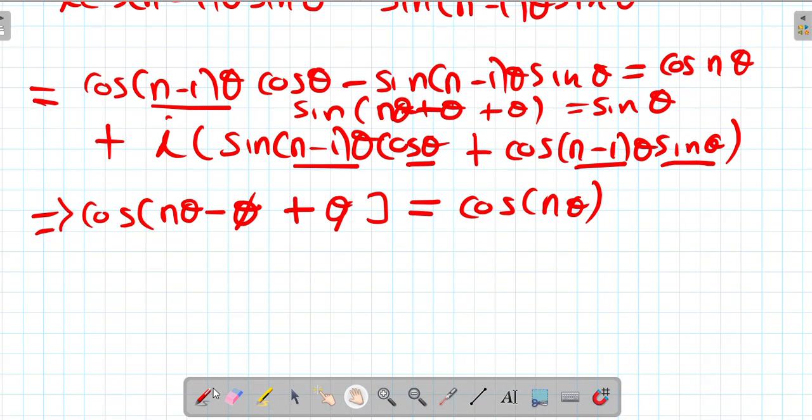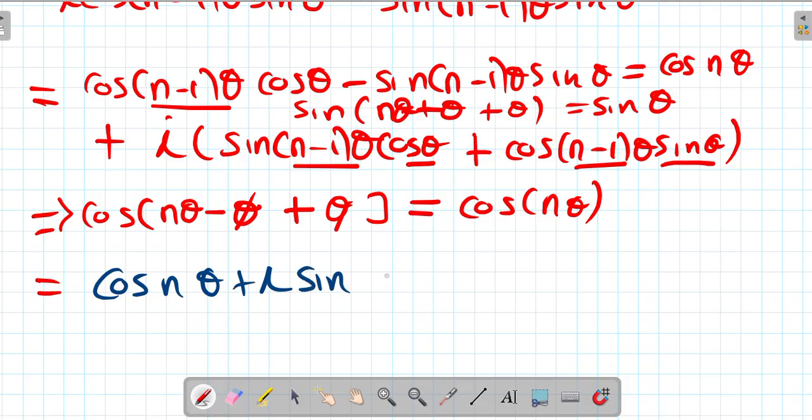Therefore, from the right hand side, I can conclude that this part is equal to cos n theta, and the second part is equal to sine n theta.